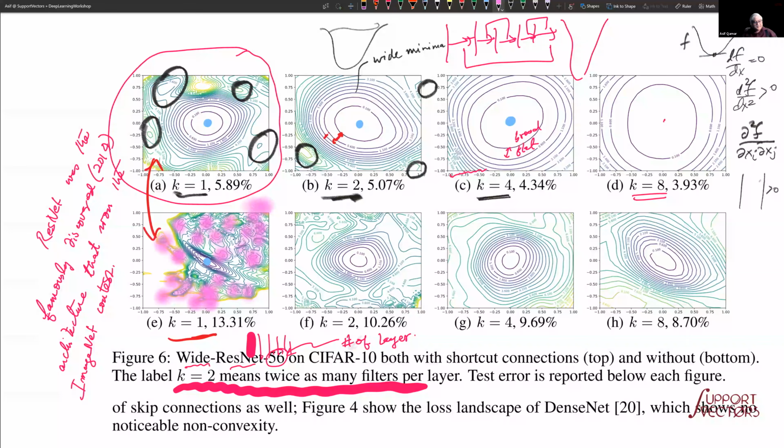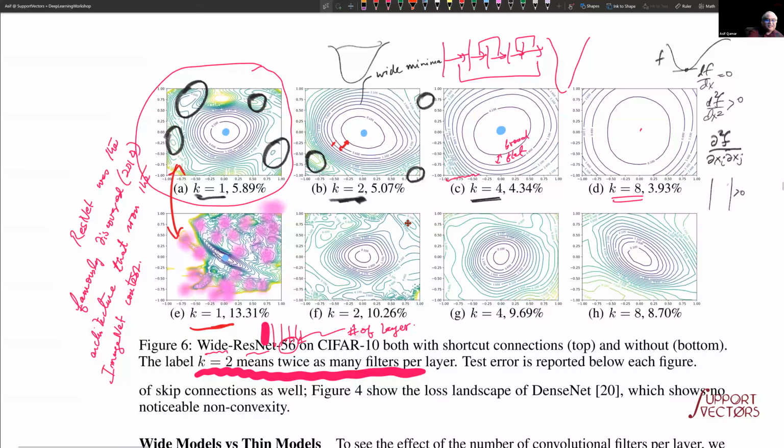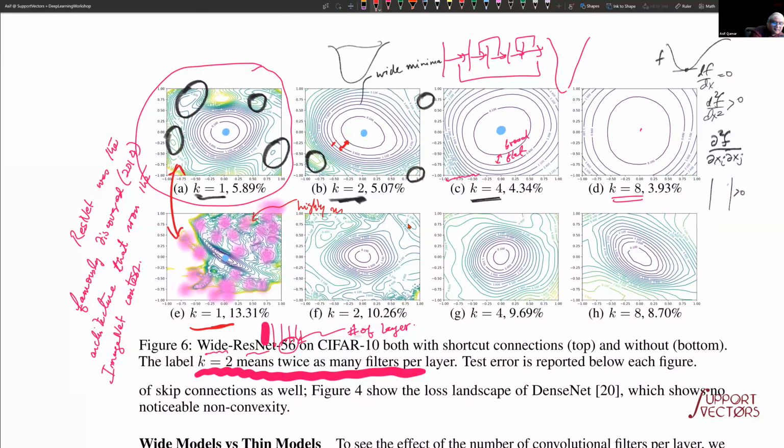Okay, a little bit. And let's try our luck now. So this is a highly non-convex surface, right? So here we have removed all the residuals.